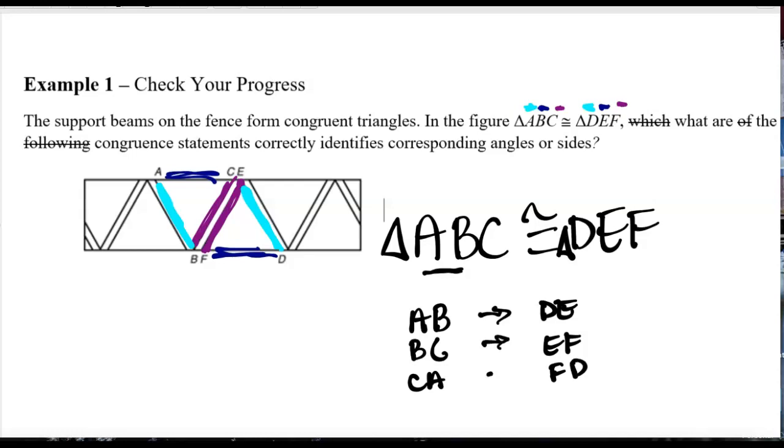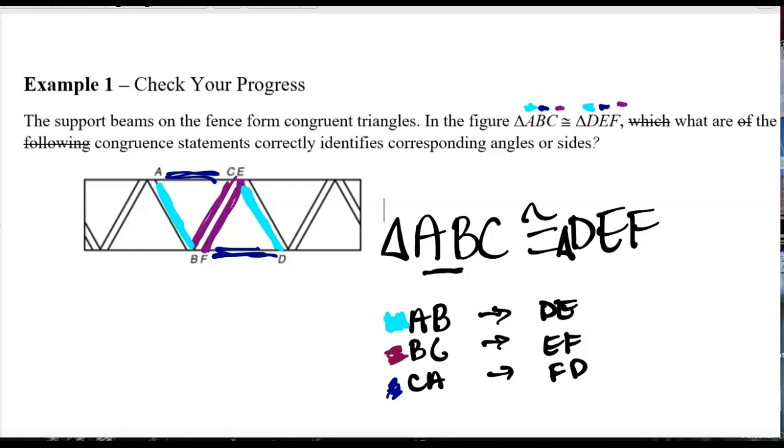So when I went ahead and did some color encoding, I made sure that I was looking at the congruent parts. So this one right here was that turquoise color. From B to C was kind of this color here. And from C to A was this dark bluish color.